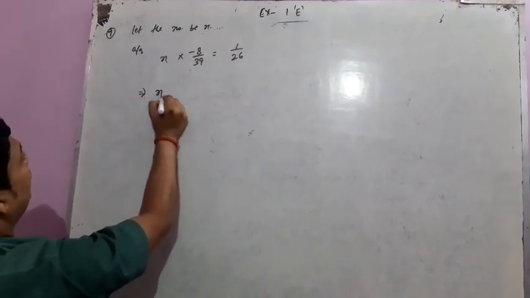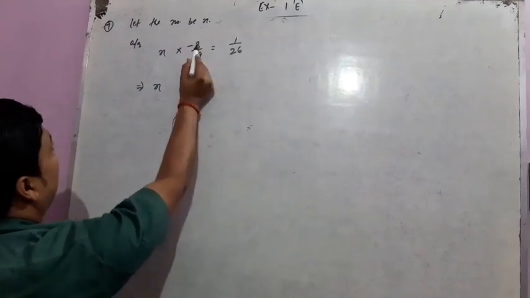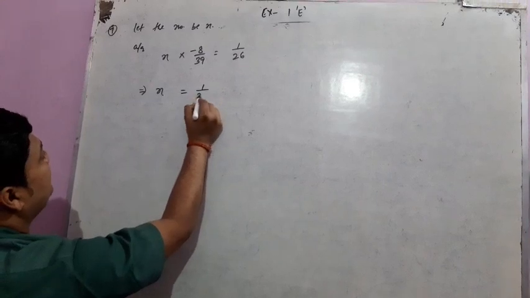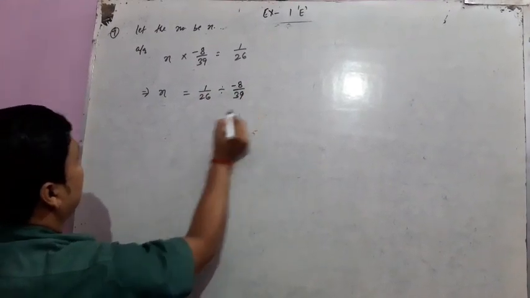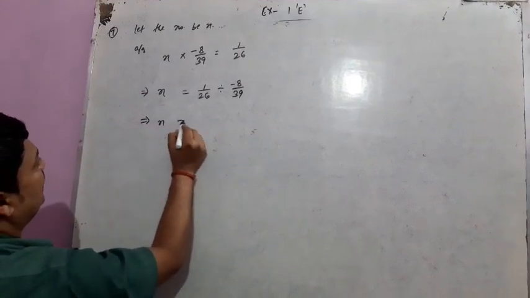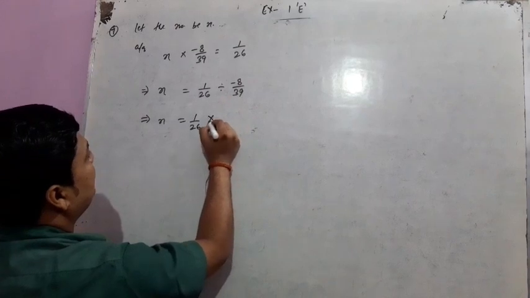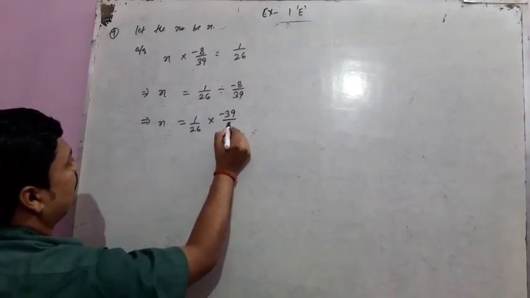Now for getting the value of x, we have to turn the minus 8 by 39 to the other side. Minus 8 by 39 is in multiply, so when we turn it to the other side, it turns into divide. Therefore, x equals 1 by 26 divided by minus 8 by 39. Now when the divide sign turns into multiply, the next term becomes reciprocal, minus 39 by 8.